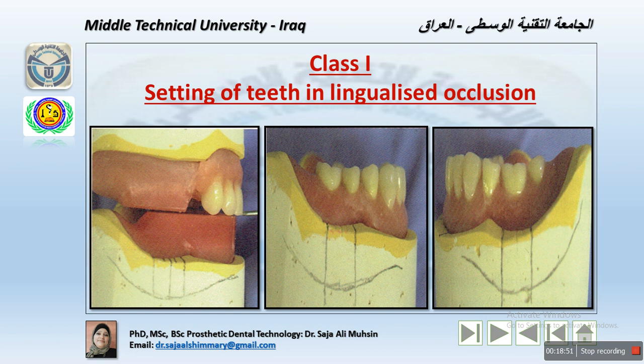So whether we are using the molar, or we have a short ridge or a short residual free end, or in case of limited space, or we want to compensate the stability of the denture, this will be limited within these two lines.